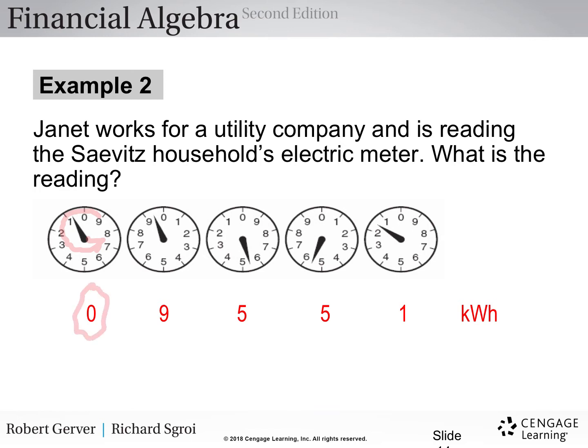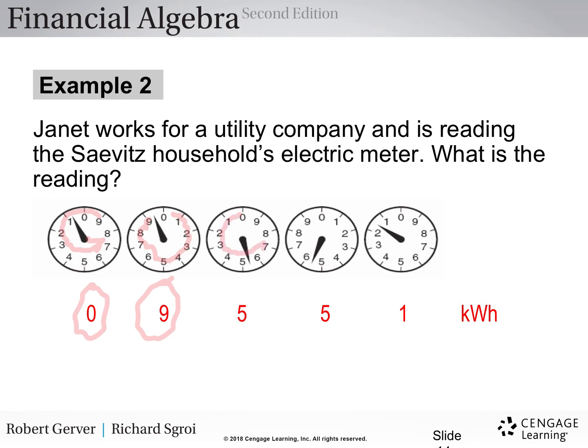The second dial, however, if you look at it closely, reads clockwise, all right? So you can see on this dial, it's just past 9, so therefore this reading is 9, all right? The next dial, again, goes counterclockwise.